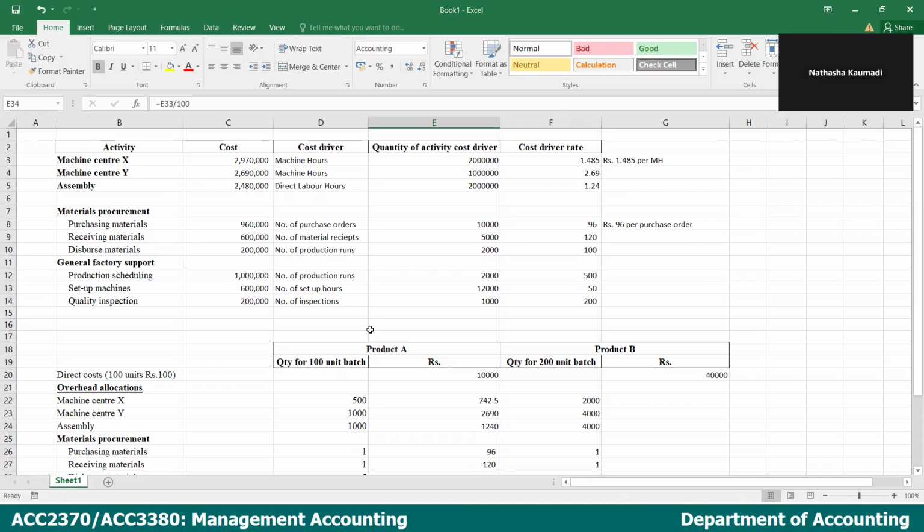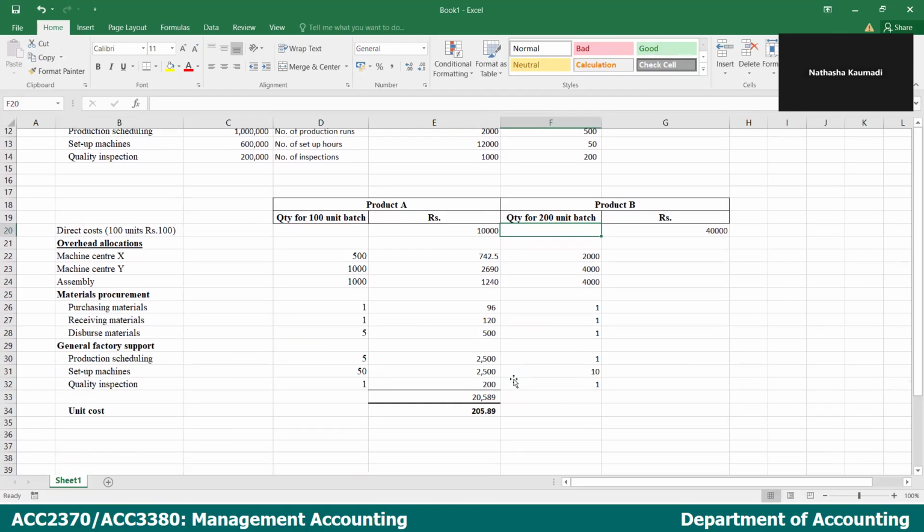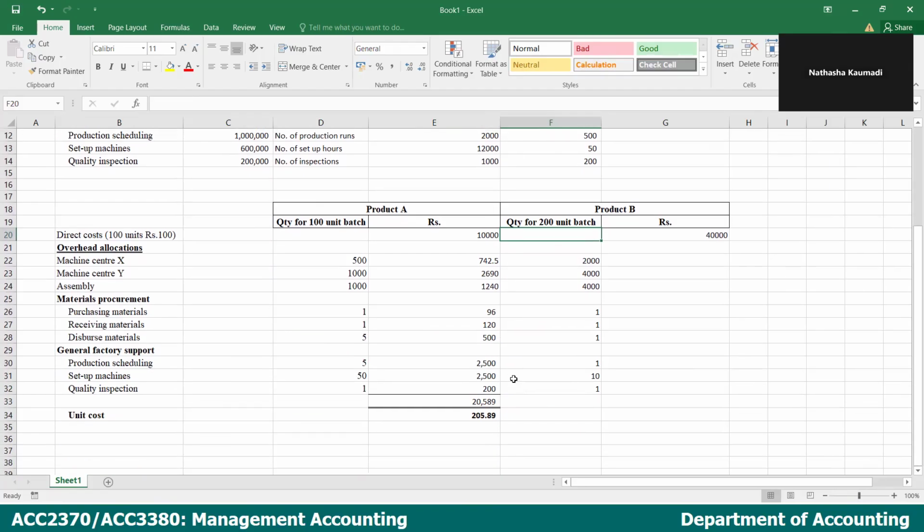So it is just a matter of taking the major activities, cost drivers, calculating the cost driver rates, and then multiplying by the relevant number of hours or runs. This is how you take the cost. I'm not doing the answer for product B, that is for your homework.